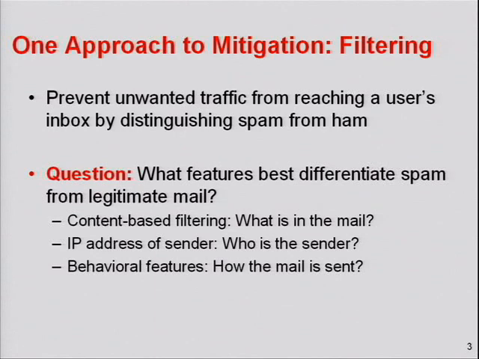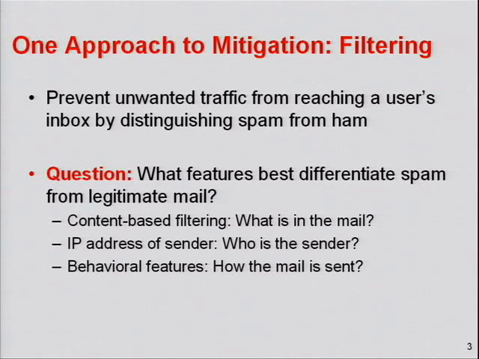The first two are fairly conventional approaches that have been in use for quite some time. Content-based filtering, something we already talked about a little bit, is just what's in the mail. Can I tell, based on what's in the message itself, whether or not this is something a user is likely to want to see? Another approach is essentially reputation of sorts.